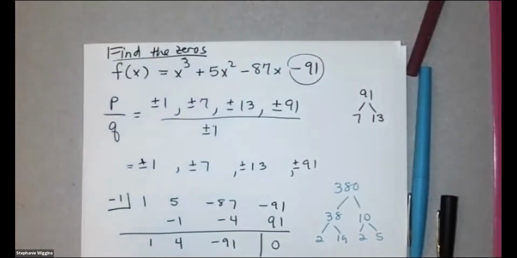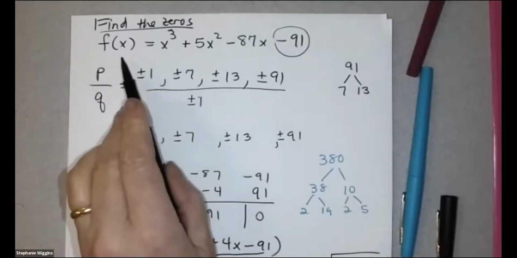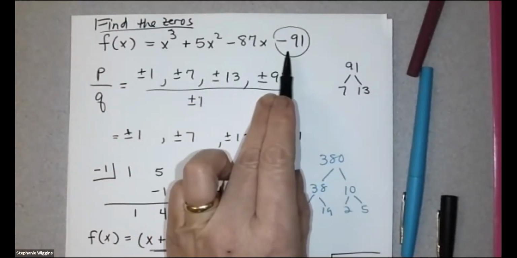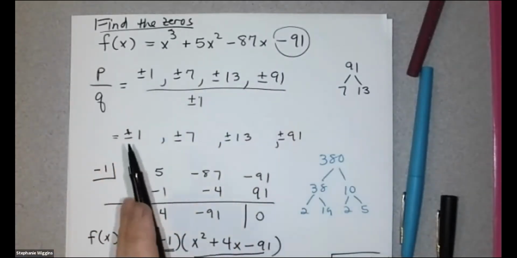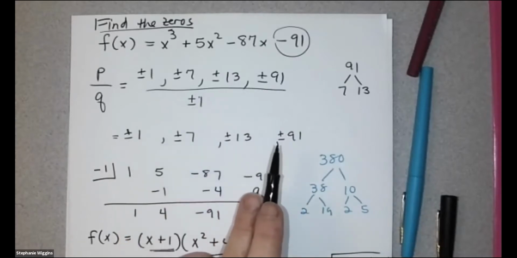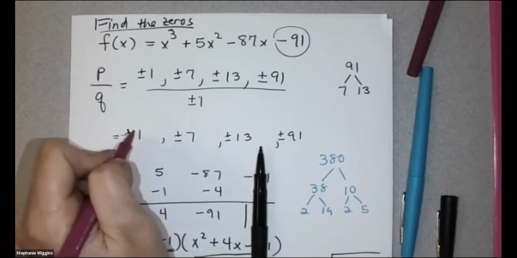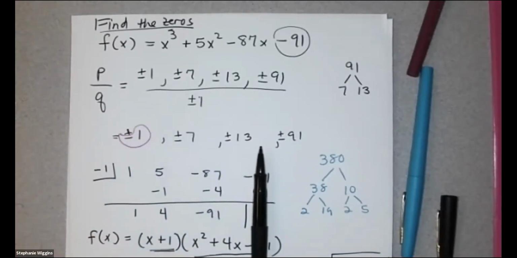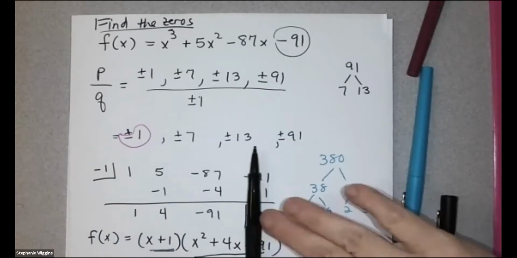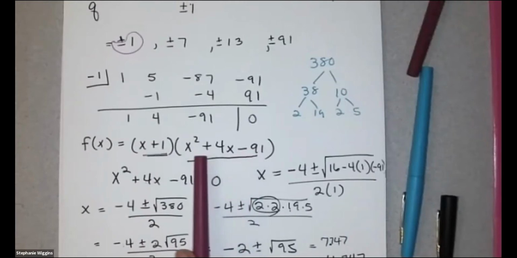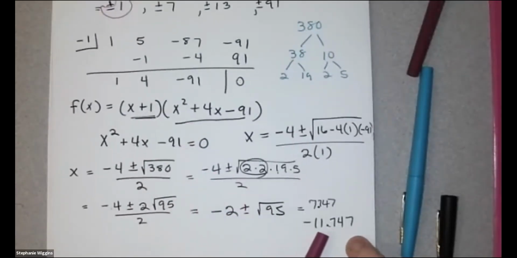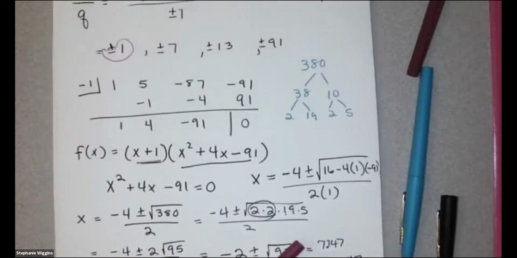So let's review what we did in this problem, okay? The problem is to find the zeros of my polynomial here. So I want to know what the possible rational zeros are. So I apply the rational zero test and I narrow it down to 8 choices. And then I went out to Desmos and I didn't even need the rational zero test. I just found out that -1, based on looking at the x-intercepts, is a real zero, and I verified that with the synthetic division. Once I found that, remember those other 2 were the -11.74 and the 7.7, whatever that is.